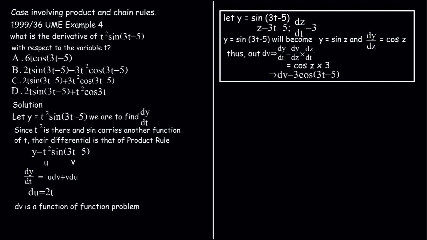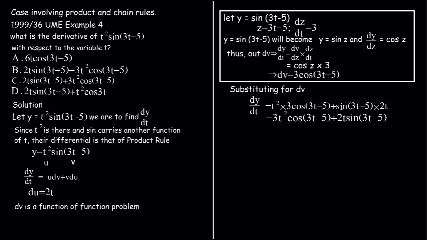Now at this point, we've gotten our dv and we've gotten our du. We are going to be substituting for them in the original equation. Doing so, dy over dt will be equal to t squared times 3 cos in bracket 3t minus 5 plus sine in bracket 3t minus 5 times 2t.